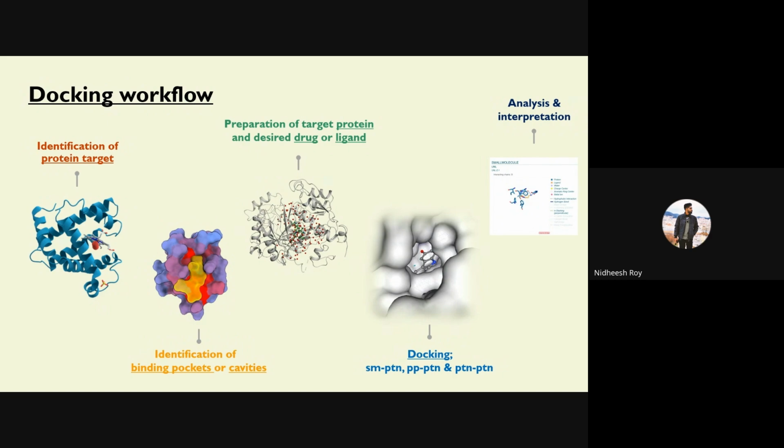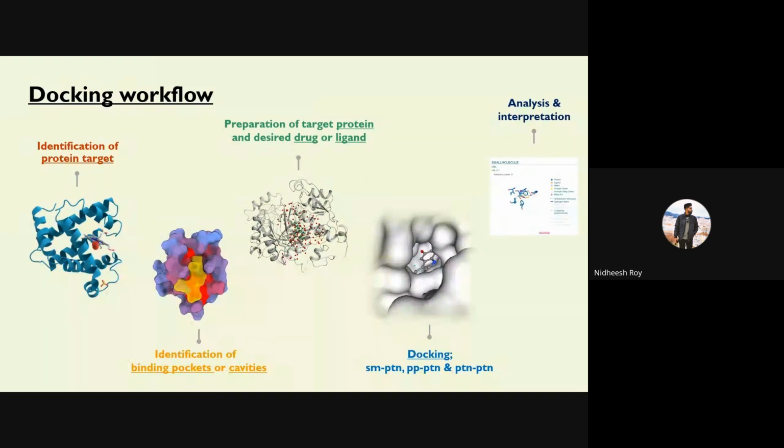After preparation, we perform the docking step itself. Here, the ligand is computationally placed in the binding site of the protein. Multiple poses are generated, and docking can involve small molecule, protein, or peptide interactions depending on the biological question being addressed. The final step is analysis and interpretation.